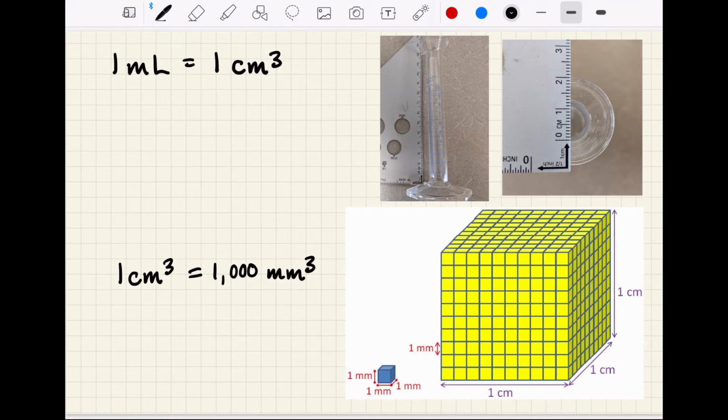The tricky part here is that even though there are 10 millimeters per centimeter, there are 1,000 cubic millimeters per cubic centimeter.